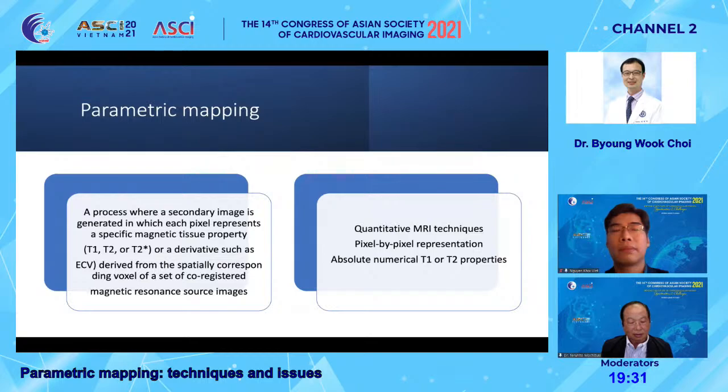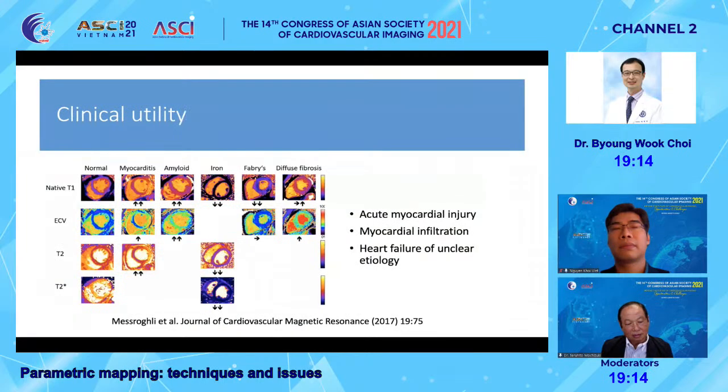Parametric mapping methods such as T1 and T2 mapping are quantitative MRI techniques that provide a pixel-by-pixel representation of absolutely denominated numerical T1 or T2 properties expressed in units of time. Parametric mapping is particularly useful for the evaluation of acute myocardial injury, myocardial infiltration, and heart failure of unclear etiology.